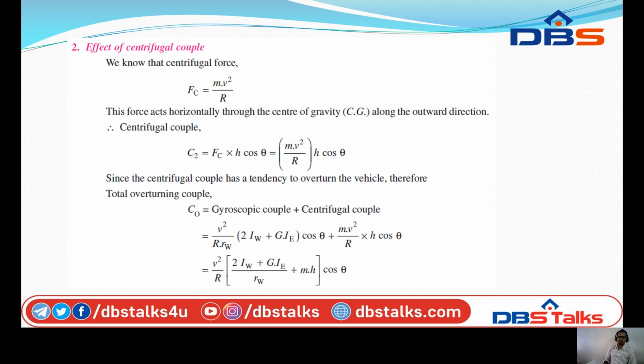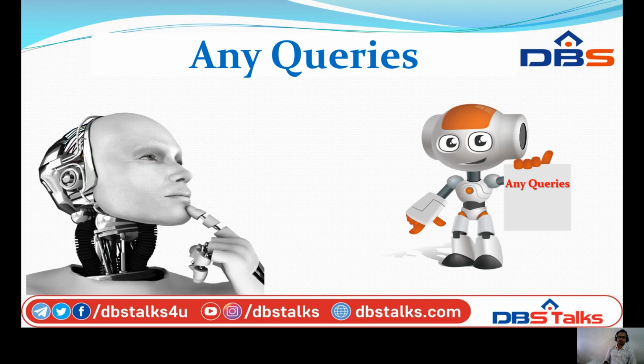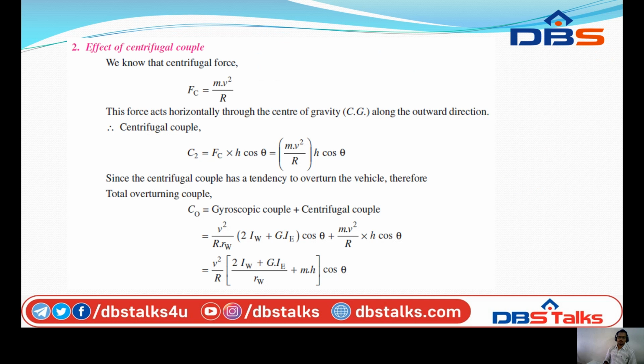We know the balancing couple is m g h sin theta. The balancing couple acts in the clockwise direction when seen from the front end of the vehicle. Therefore, for stability, the overturning couple must be equal to the balancing couple, so C naught is equal to m g h sin theta.